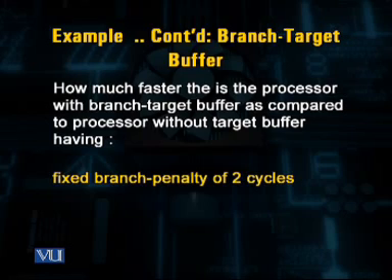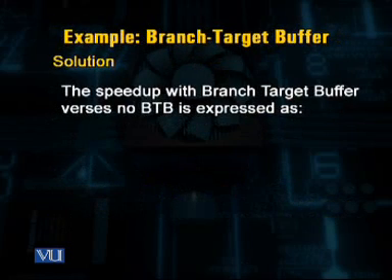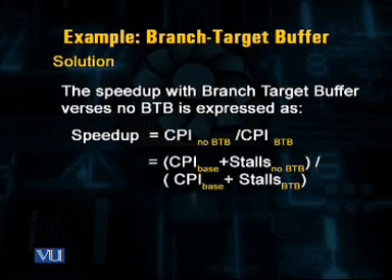If we have fixed branch penalty of 2 cycles and base clock cycles per instruction without branch stall of 1 cycle. In order to solve this problem, we have to define the speed up with branch target buffer and without branch target buffer. For this purpose, let us see this expression where speed up is equal to the clock cycles per instruction for no branch target buffer divided by the clock cycles per instruction with branch target buffer.